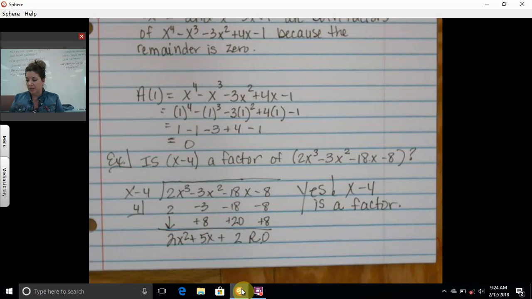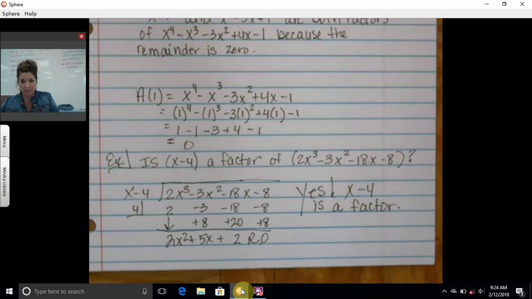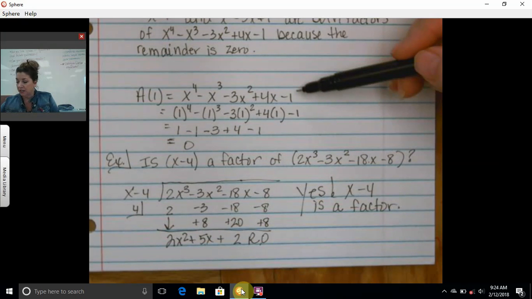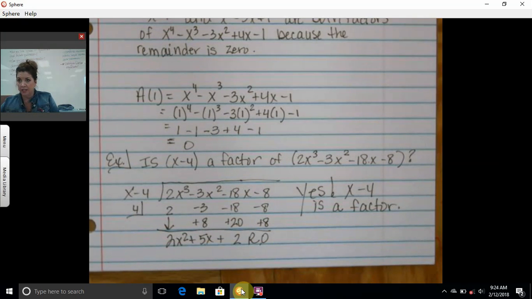Now on the next page, I'm going to show you how this is helpful when you're factoring one of these polynomials with bigger degrees. Because do we know how to factor function A? Is it a quadratic where we can use t-chart and divide and slide? No. Is it a difference of squares? No. Is it a difference of cubes?